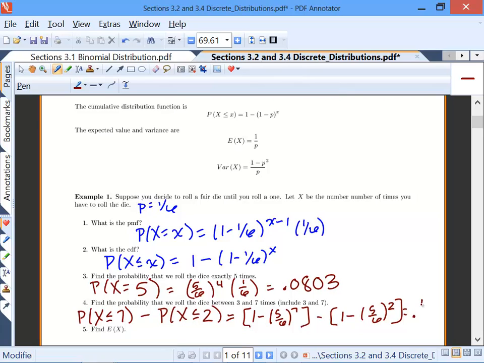If I typed it in correctly, 0.415. Anyone else? Easier than trying to find the probability for 3 to 7, one by one.